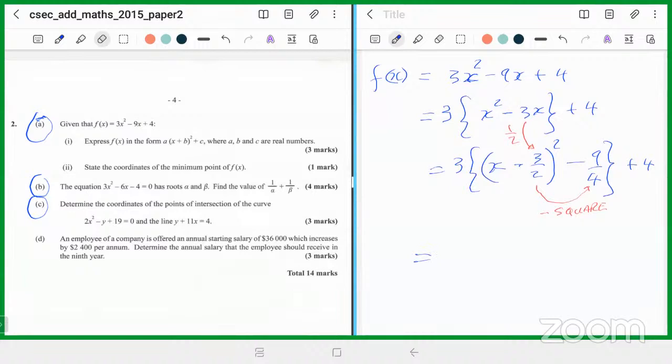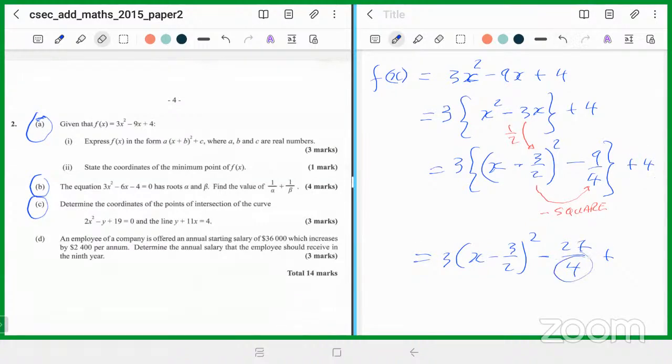Then we're going to expand with the 3. 3 times this is 3 into x minus 3 over 2 squared. And careful now. 3 times this, 3 times 27, becomes minus 27 over 4, plus 4.